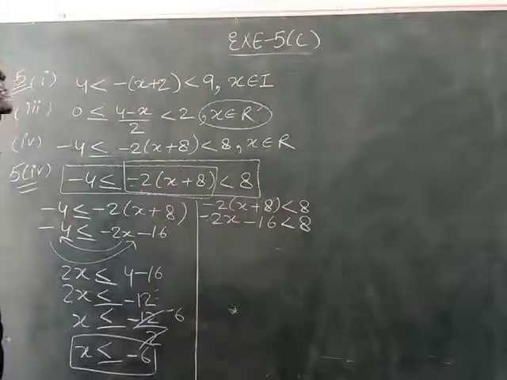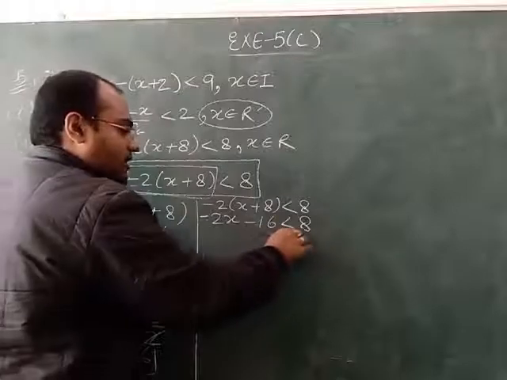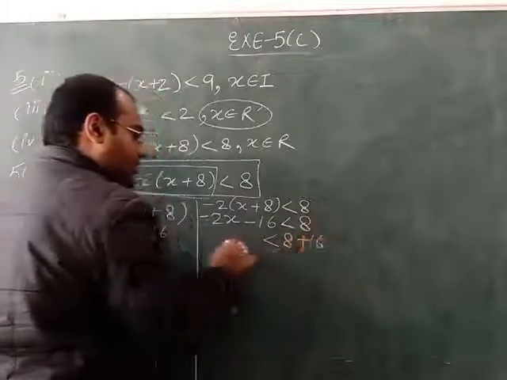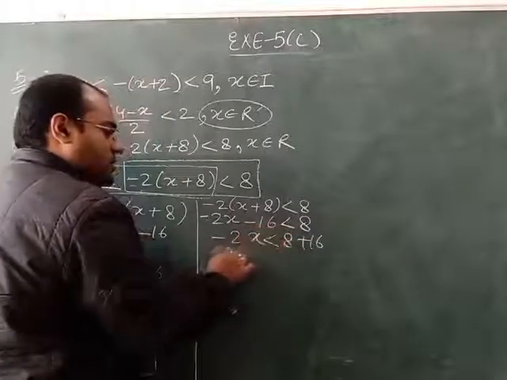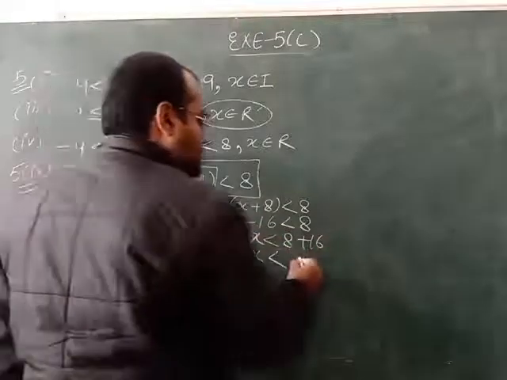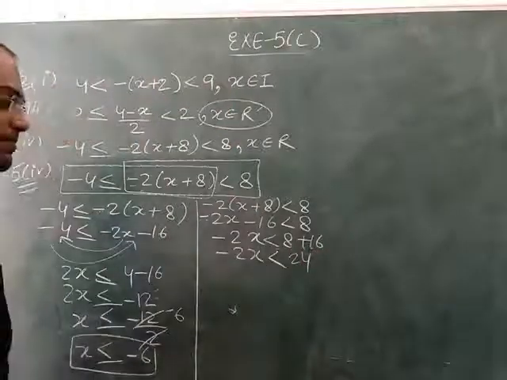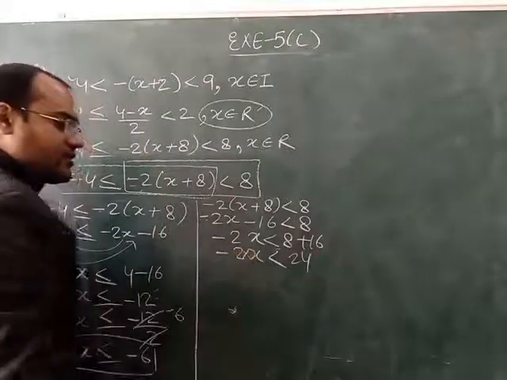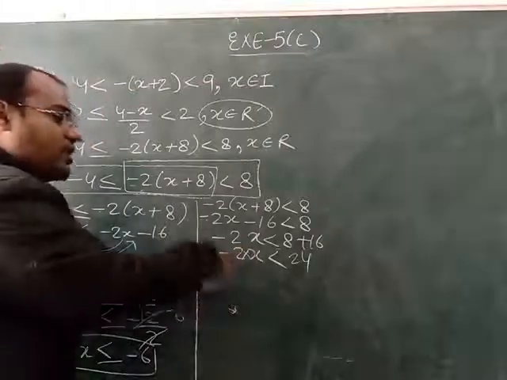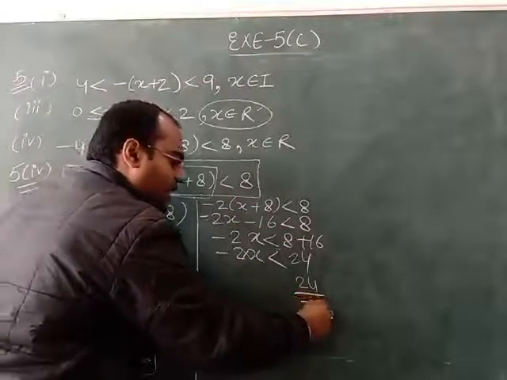Next step, minus 16 will go on right hand, so it will become plus 16, and on the left hand we are having minus 2x. So minus 2x is less than 16 plus 8, 24. Now in the next step, here no sign is there, that means multiply. So minus 2 will come in divide. So here we are dividing 24 with a negative number.